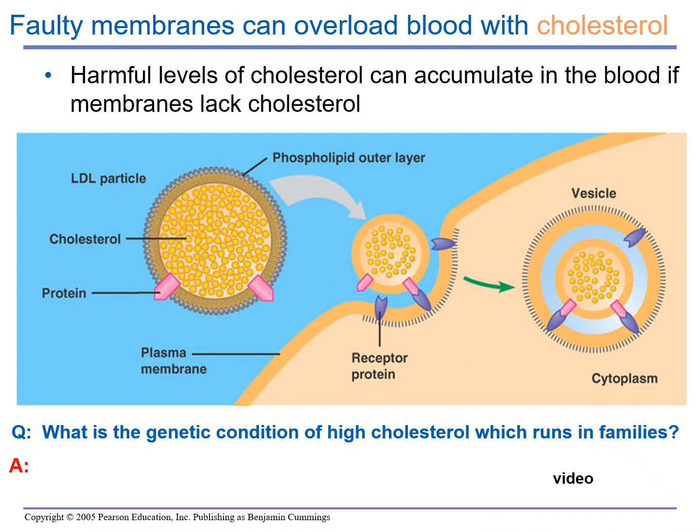Faulty membranes can overload the blood with cholesterol, and harmful levels of cholesterol can accumulate in the blood if membranes lack cholesterol receptors. So there is a genetic condition where high cholesterol runs in families. This is called familial hypercholesterolemia.